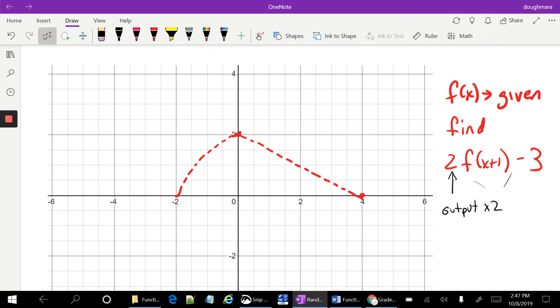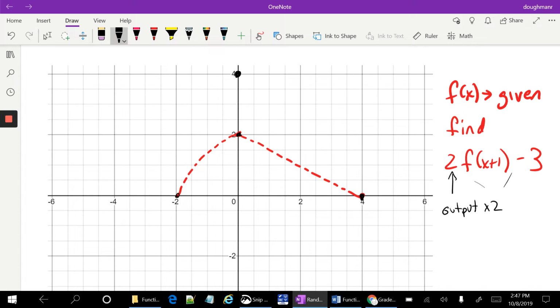So really, I'm going to look at the 3 points I have here: the point 4, 0, the point 0, 2, and the point negative 2, 0. And if I multiply the outputs by 2, the point 4, 0 stays the same, because 0 times 2 is still 0. The output here is 2, so if I double that, the new output for the same input is going to be 4.